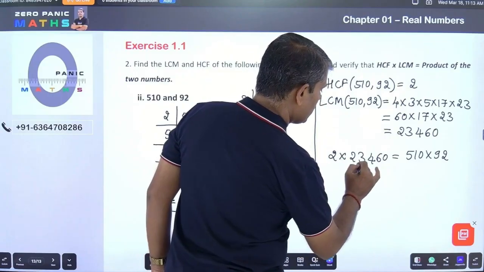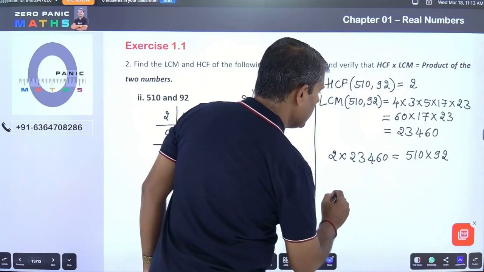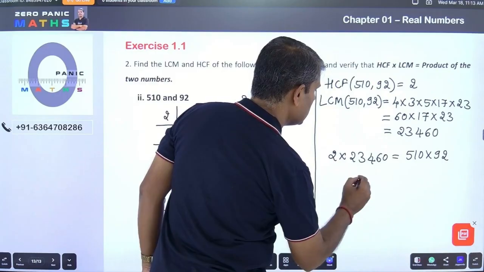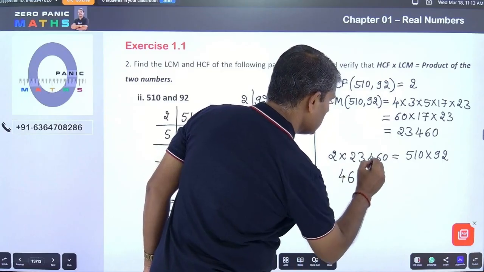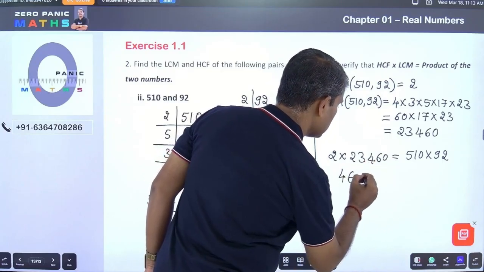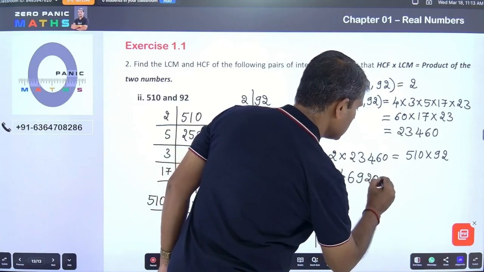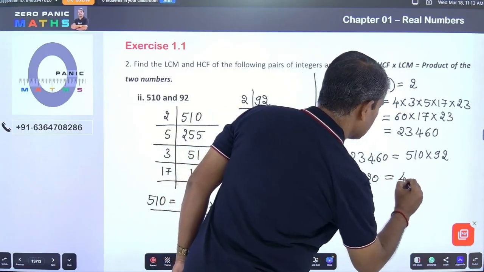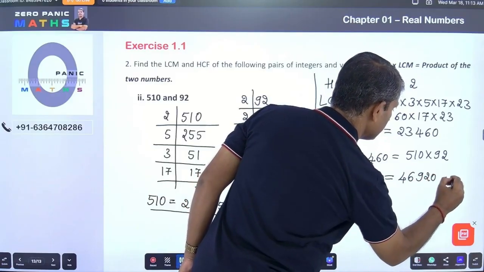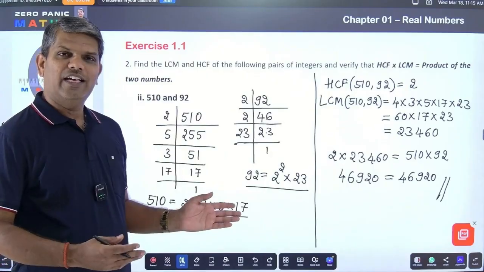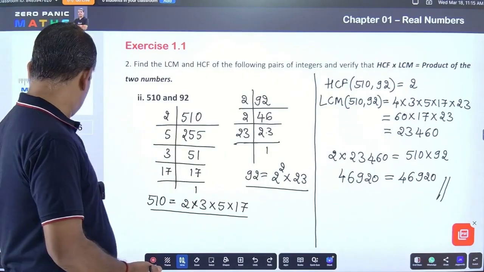So twice of 23460 is actually 46920. Okay, I hope this is the answer, and I can directly write it is 46920. Okay, let us move on to the next problem.